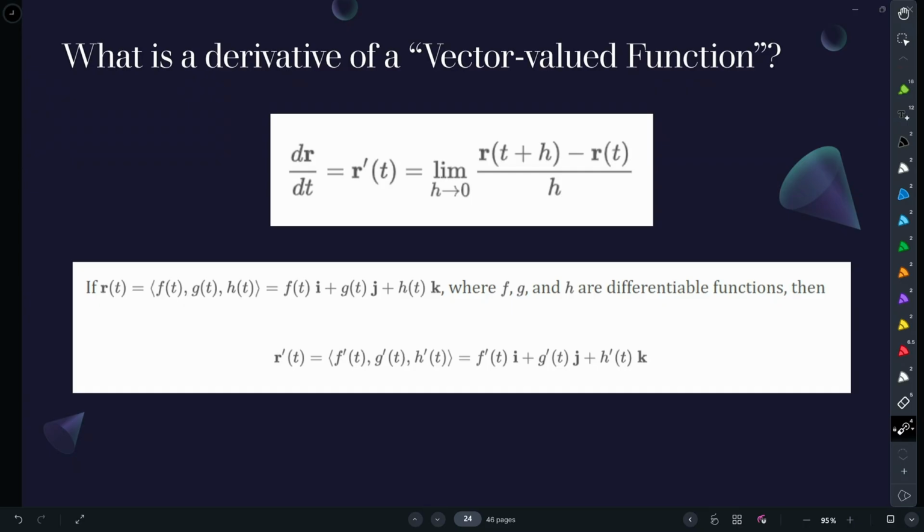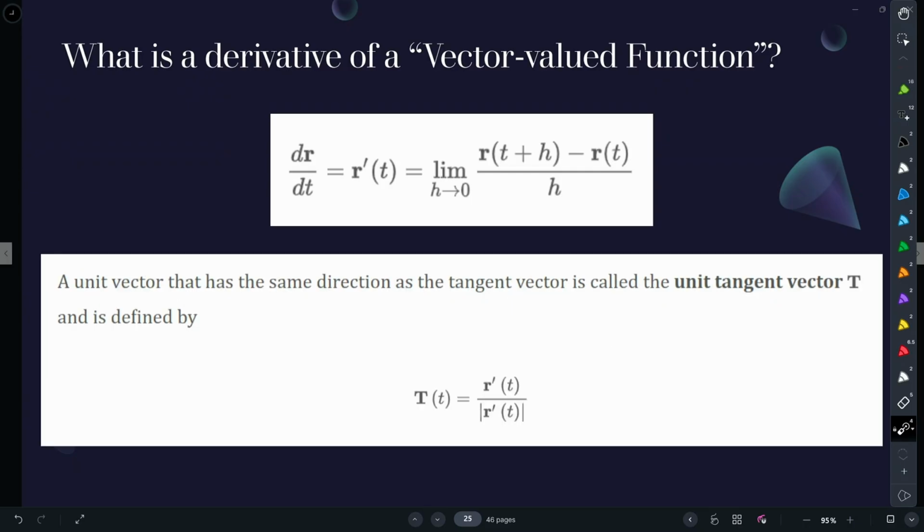So whenever you have a vector valued function whose components are differentiable, the derivative is just the derivative of the components. In plain English, when you take the derivative of a vector valued function, you just take the derivative of each component, and that's the derivative.